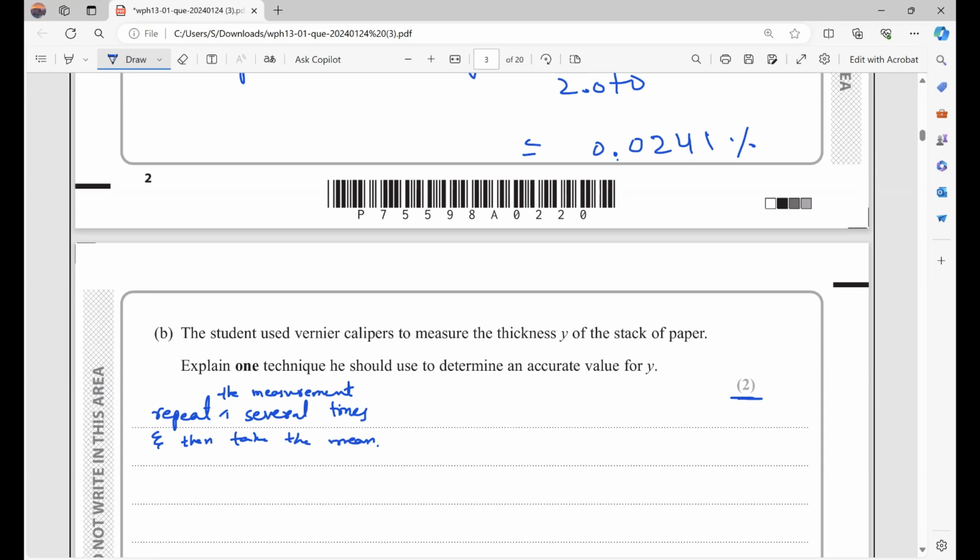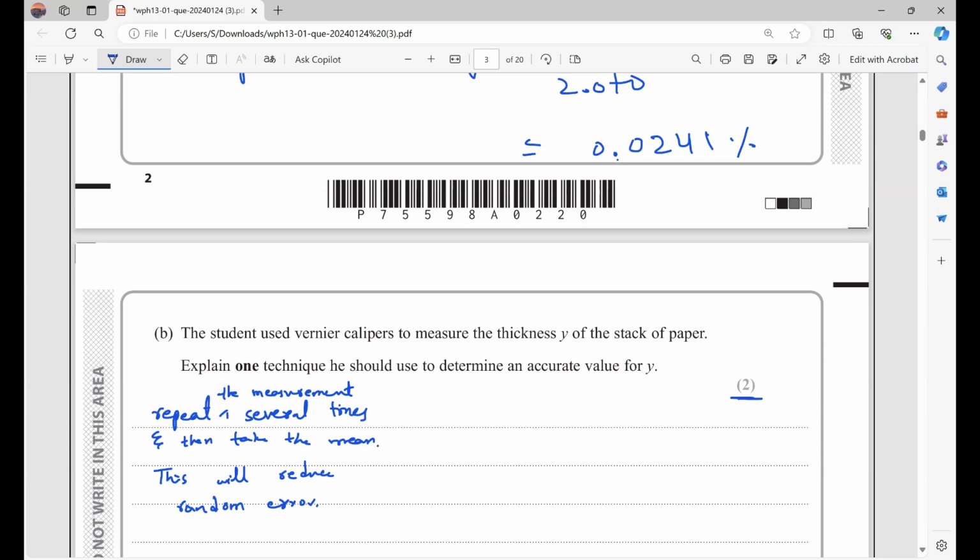Now this will give you 1 point. If you want to earn the other point, you need to say what error it will reduce. How will it give you an accurate value? So what will it do? This will reduce random error.